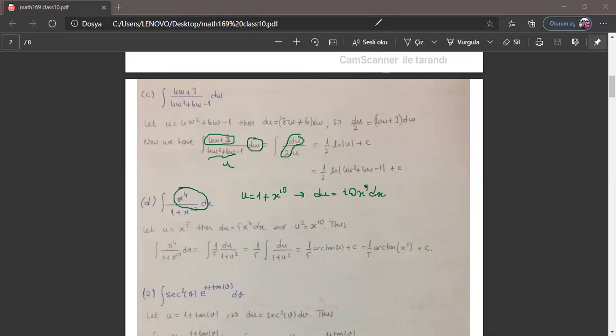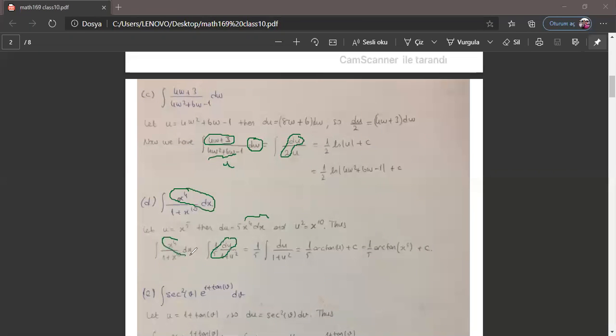So as in the solution, if we say u equals x to the 5, we obtain something similar to the numerator. Now remember that u squared equals x to the 10. So for x to the 4 dx, we have du over 5.